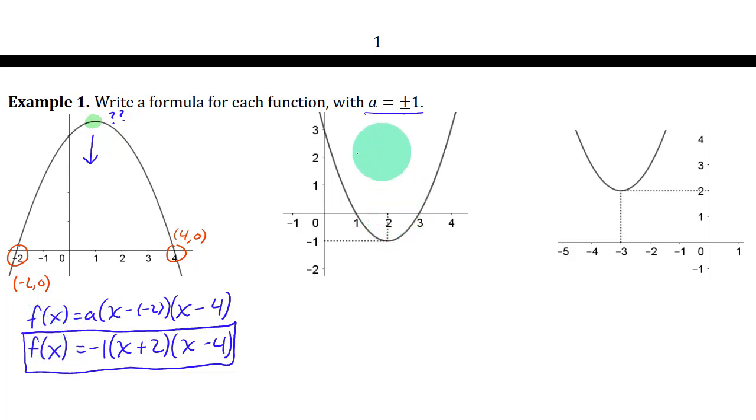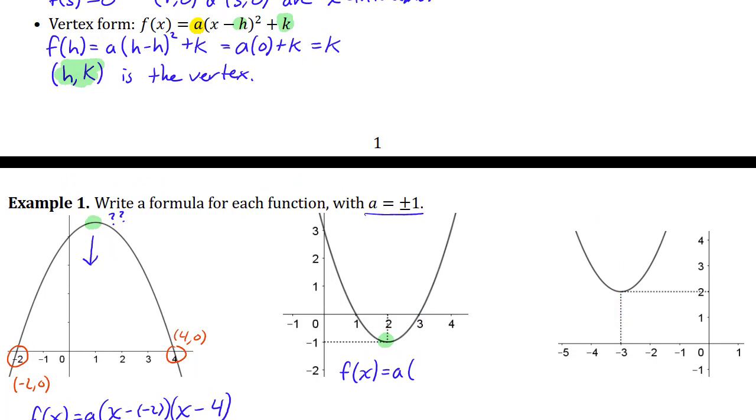All right, how about this one? Well, this time you do know the x-intercepts, but we also know the vertex here. This time it's given that the vertex is (2, -1). So you could write this one as f(x) = a times (x minus h).